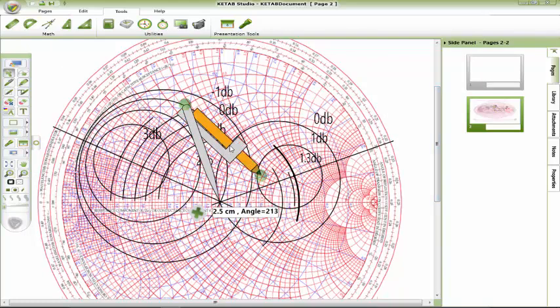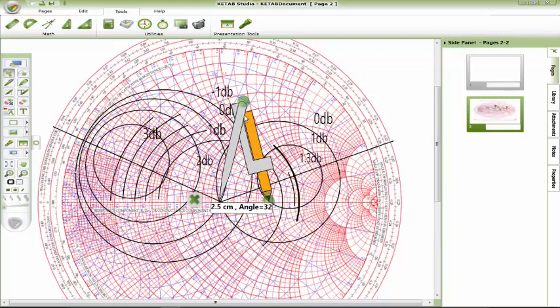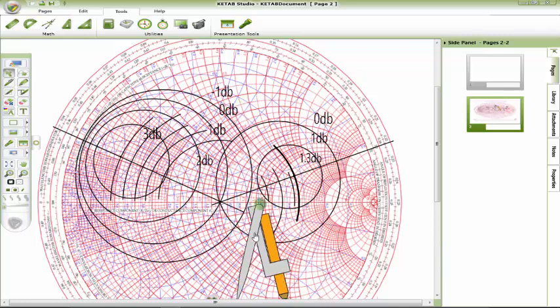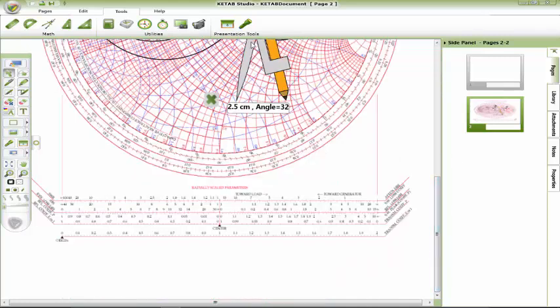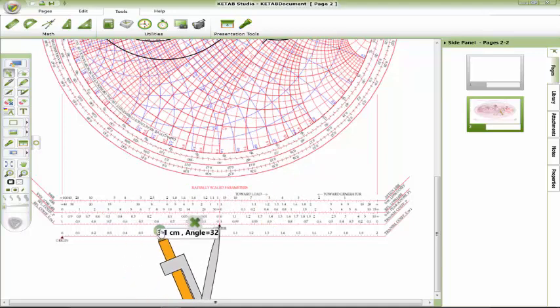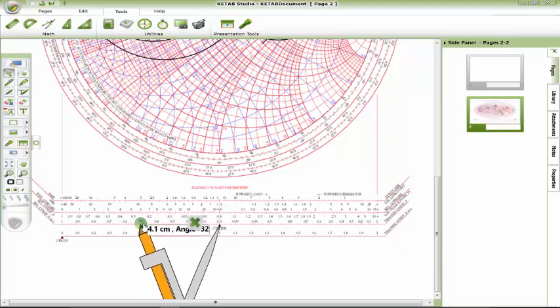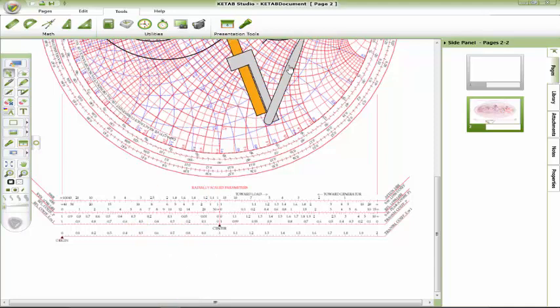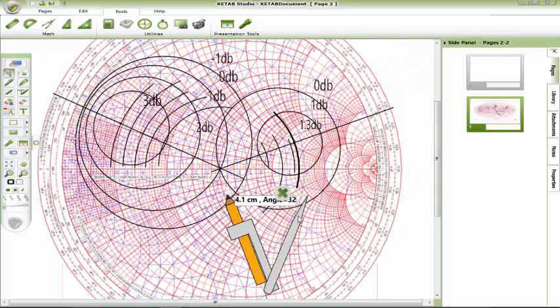And we draw the bow and we put the center, 0.53, and we draw the circle.